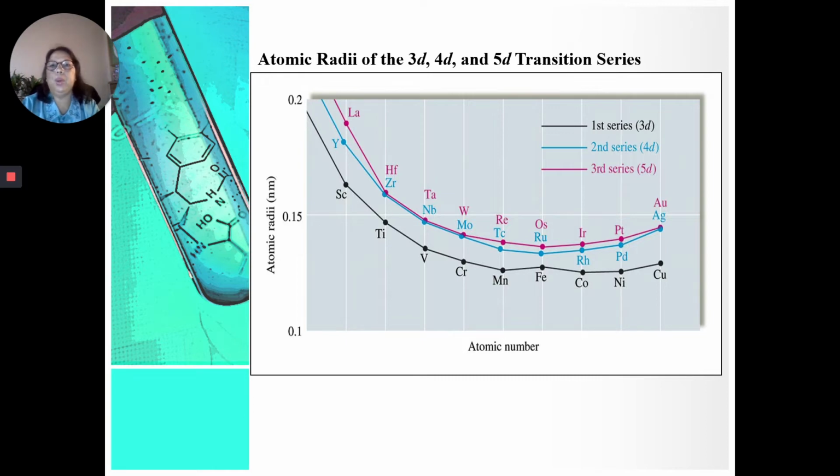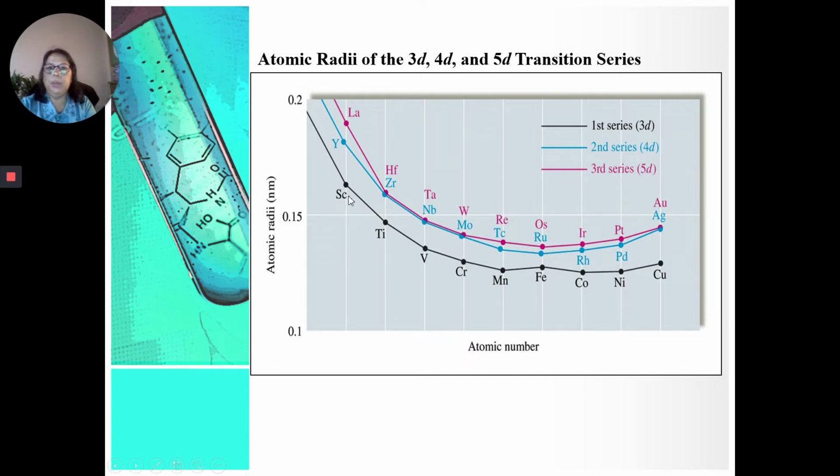Please, if you are in your Chem 1, Organic Chem, or Analytical Chem, always have with you your periodic table, because the periodic table serves as the reference, or the cover, of all your reference materials. So I assume that you have your periodic table now.